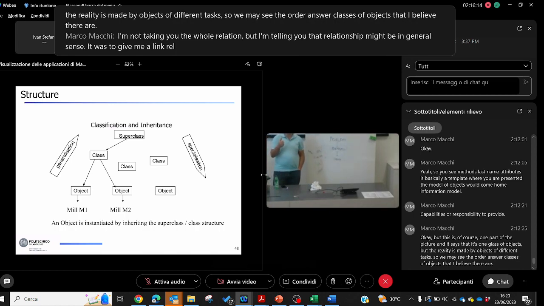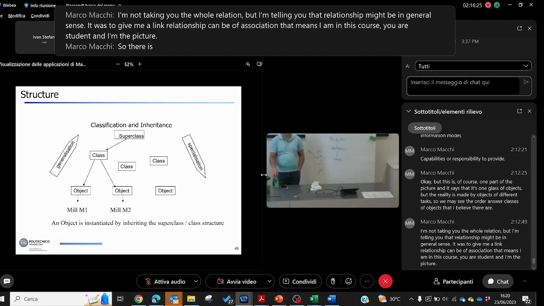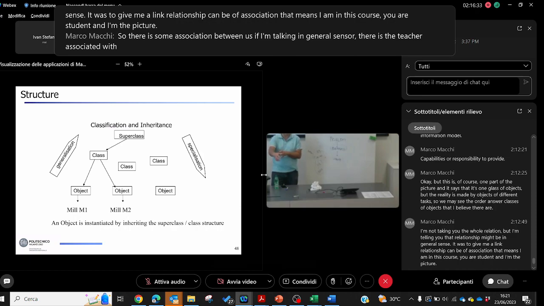Relationship can be of association. That means I am in this course, you are students and I'm the teacher. So there is some association between us. In a general sense, the teacher is associated to students of the class: the class teacher and the class PhD candidate, and there is an association between them.